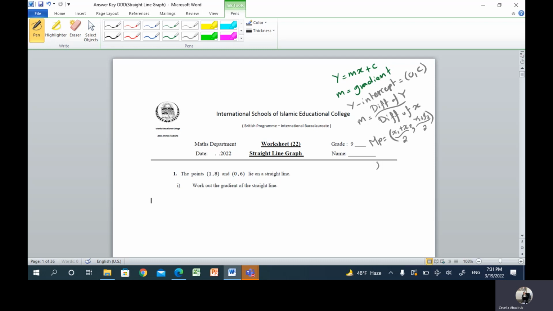And one more thing, the length of the line between 2 points: L is equal to the square root of (x1 minus x2) to the power of 2 plus (y1 minus y2) to the power of 2.